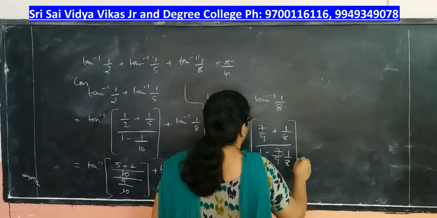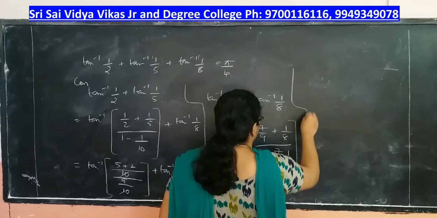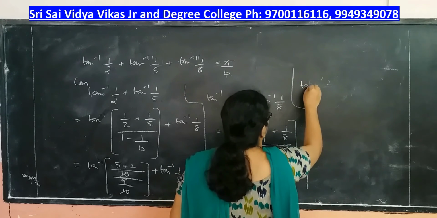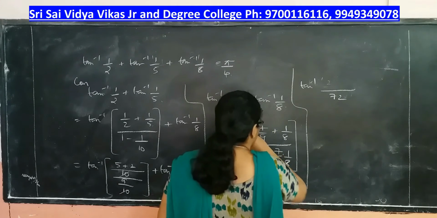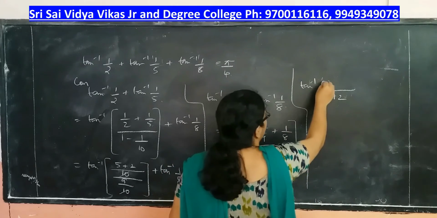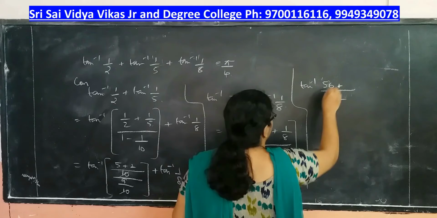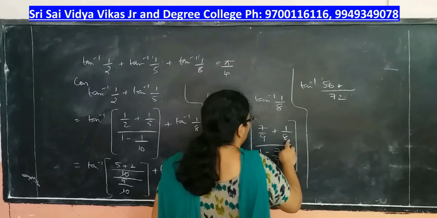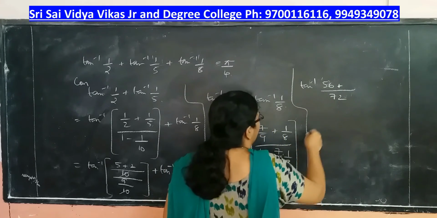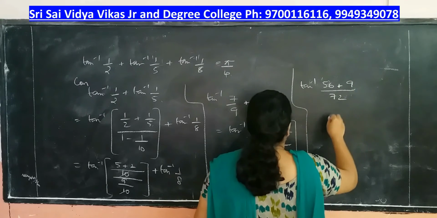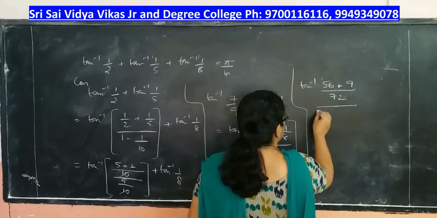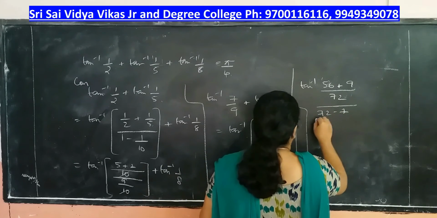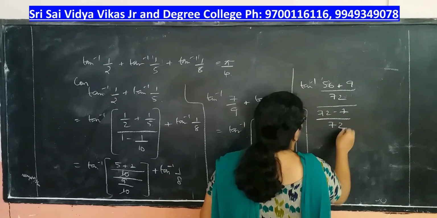So that is nothing but tan inverse: 9 eights are 72, 7 eights are 56, plus 9, by 72 minus 7 by 72.